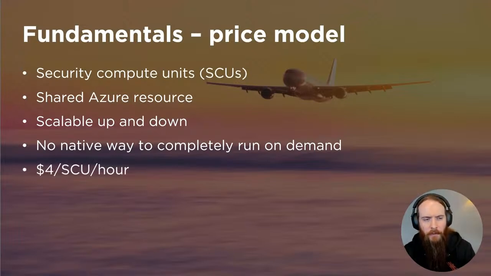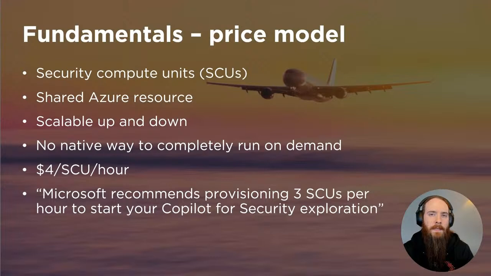So on that point, costing at the minute is $4 per secure compute unit per hour. And in terms of the recommendations for how many of these you should have, this is a quote from the Microsoft documentation: Microsoft recommends provisioning 3 SCUs per hour to start your Copilot for Security exploration.